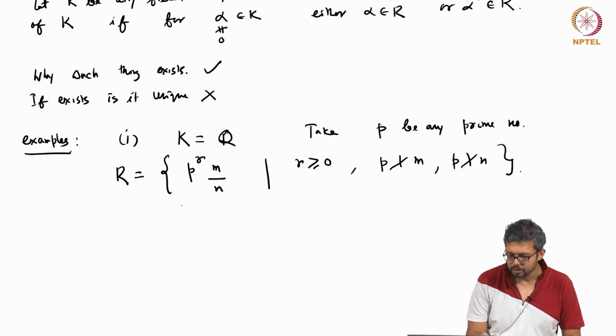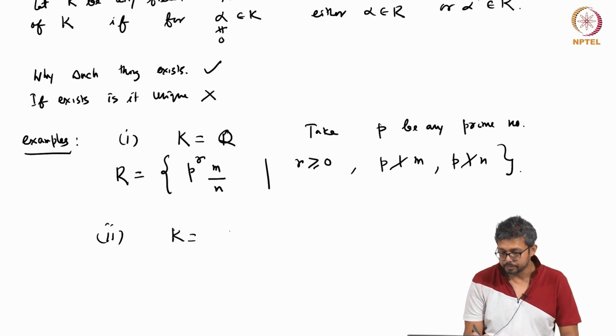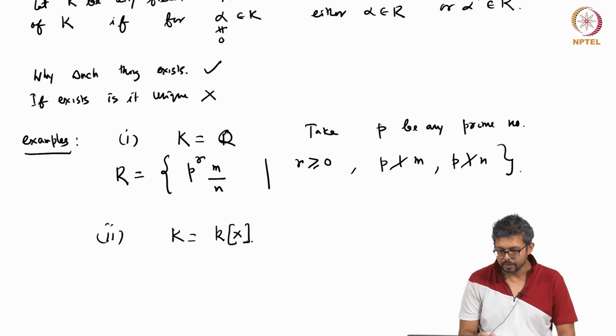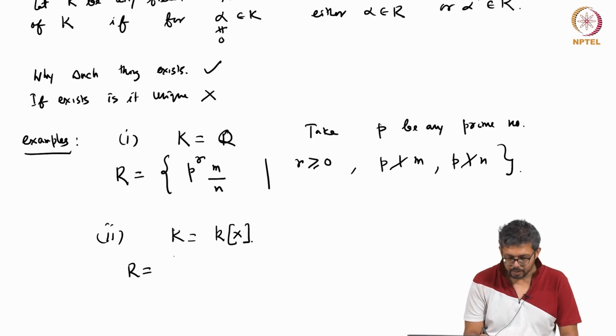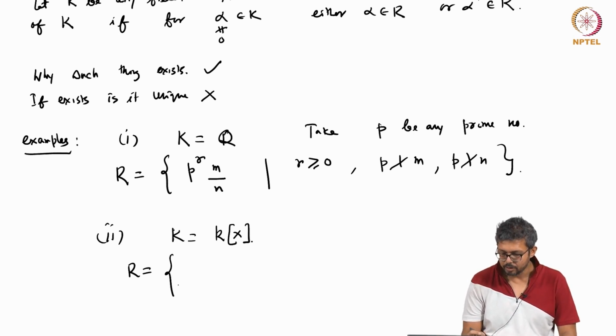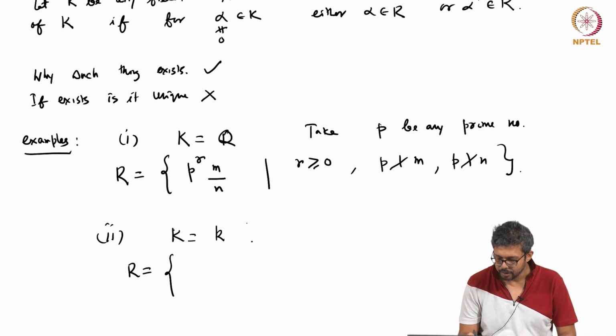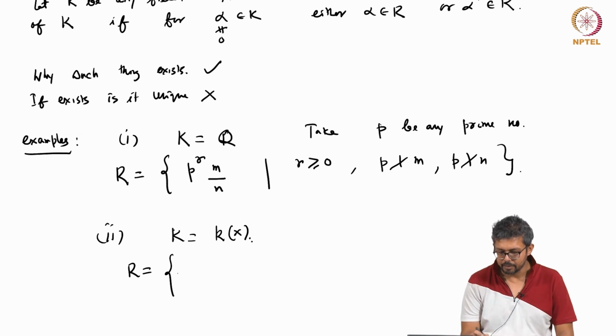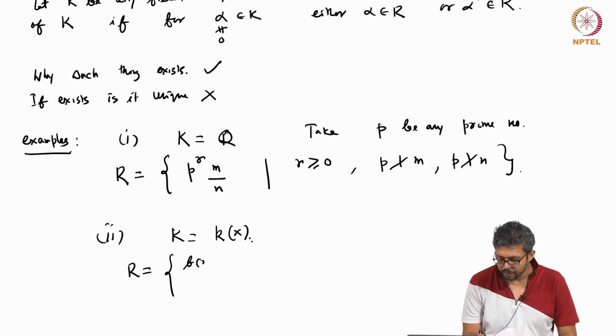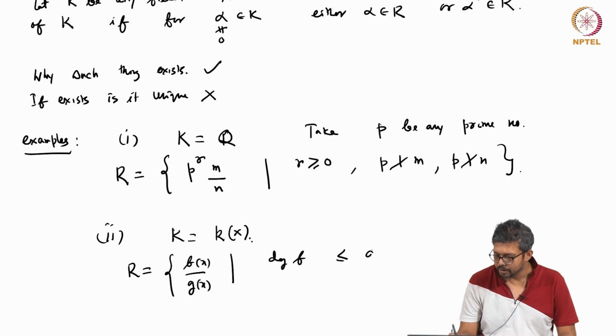Easy to check that. Exactly the same way you can do it. Instead of K equal to Q, you can take K to be k(x), where k is any field and x is a variable. So take R to be f(x) by g(x), of course g(x) not equal to 0, such that the degree of f is less than or equal to the degree of g.